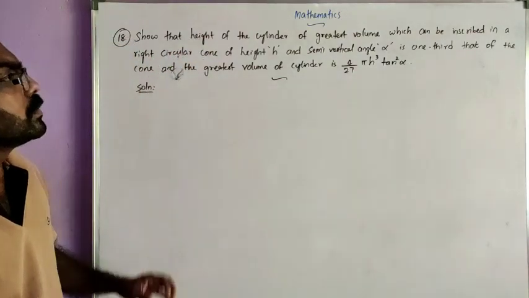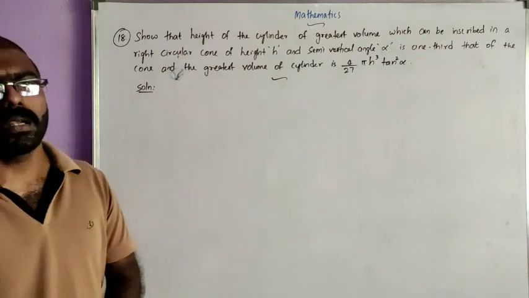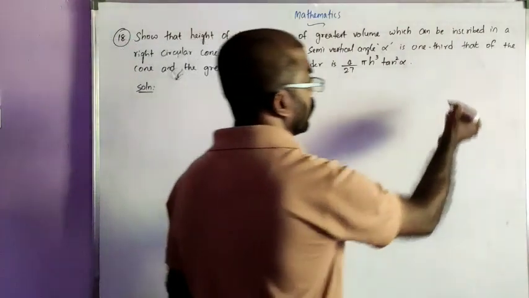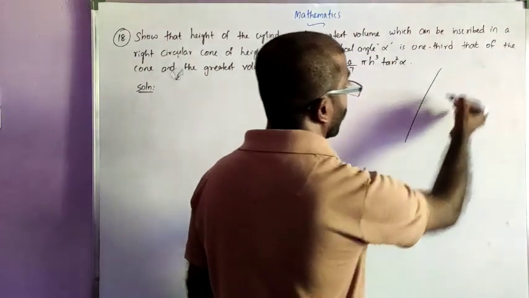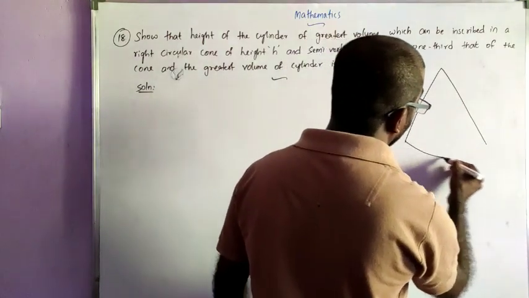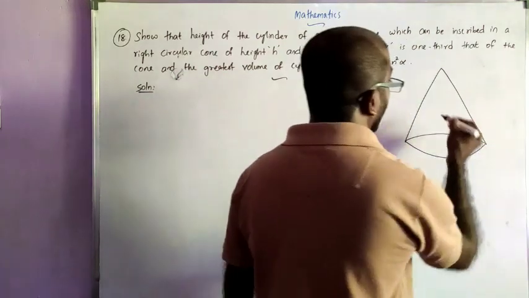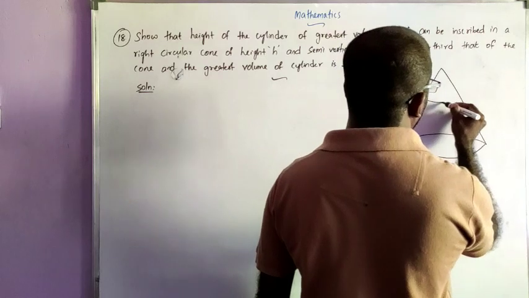So here a cylinder is inscribed in a right circular cone. So first we can draw a cone, and inside the cone we can draw a cylinder.